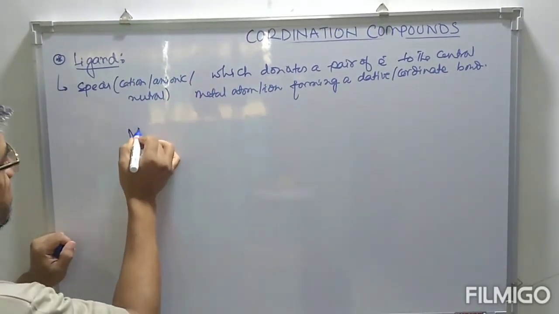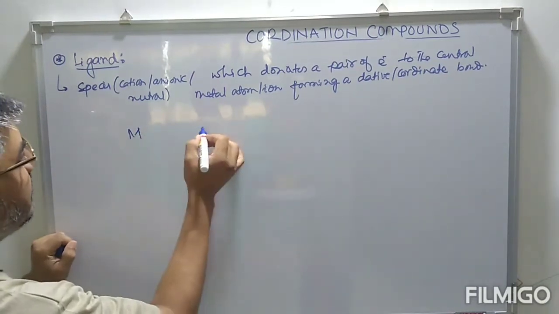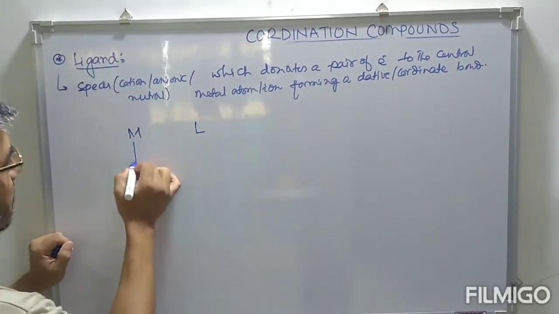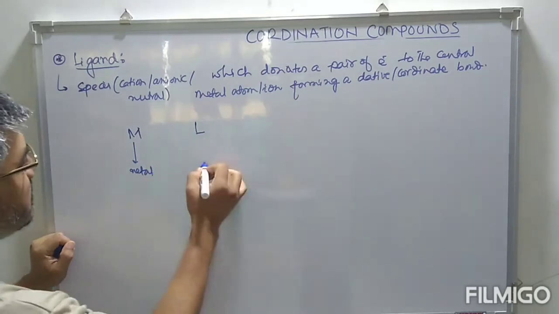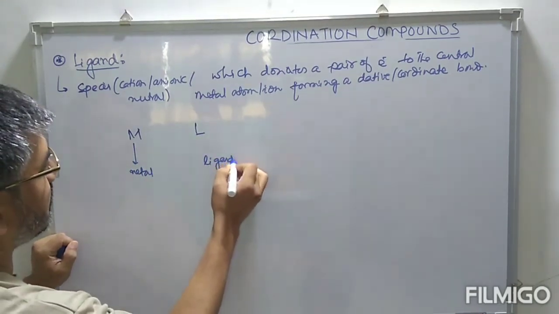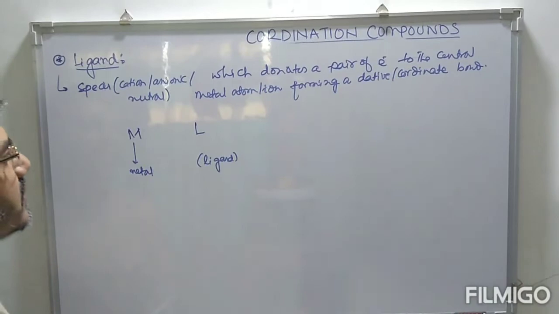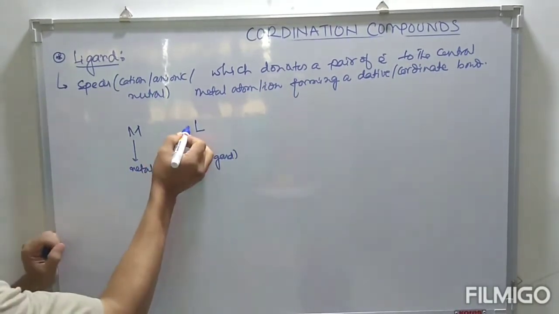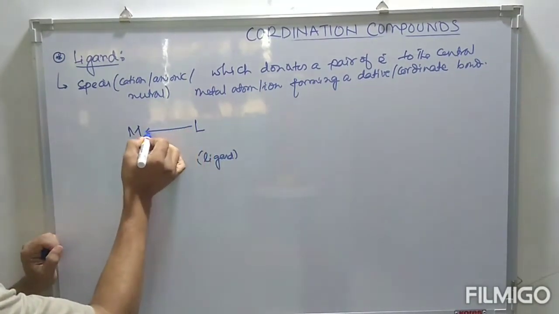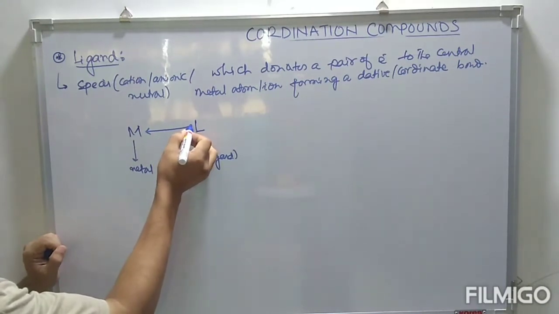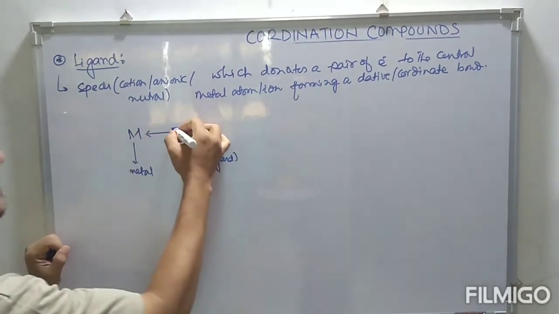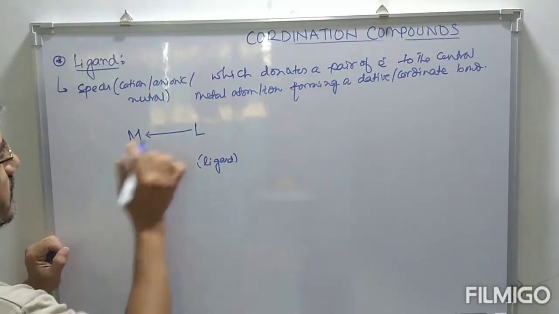So we have metal and this is ligand. The ligand donates a pair of electrons to the central atom. This pair of electrons is coming from the ligand to the metal, forming a dative bond.